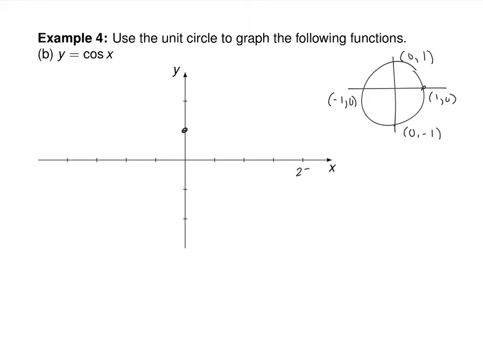Great. Angle pi halves, x coordinate is 0. Angle pi, x coordinate is negative 1. 3 pi halves, we're at 0. 2 pi back at 1. And then repeat that in the negative direction.